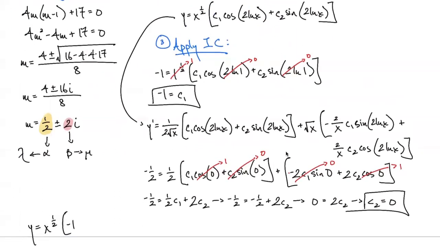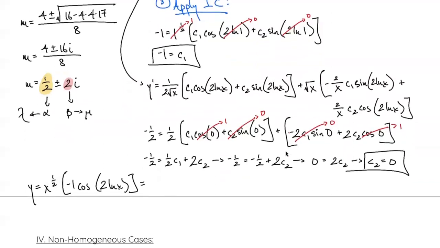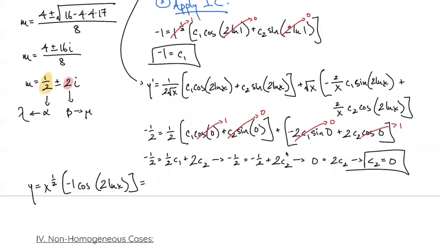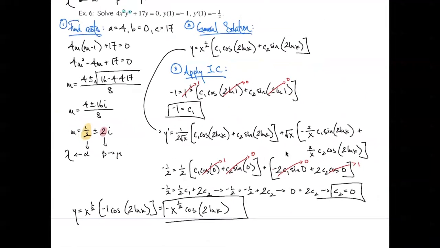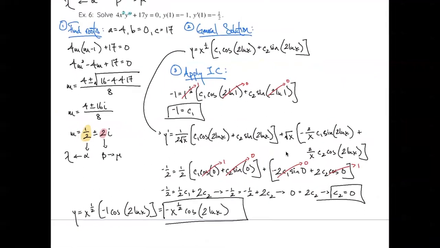So negative 1 cosine of 2 natural log x, which equals, let's just bump that negative sign to the front, negative x to the 1/2 cosine of 2 natural log x. All right. So a nice beefy one with some good algebra in there for the last example.